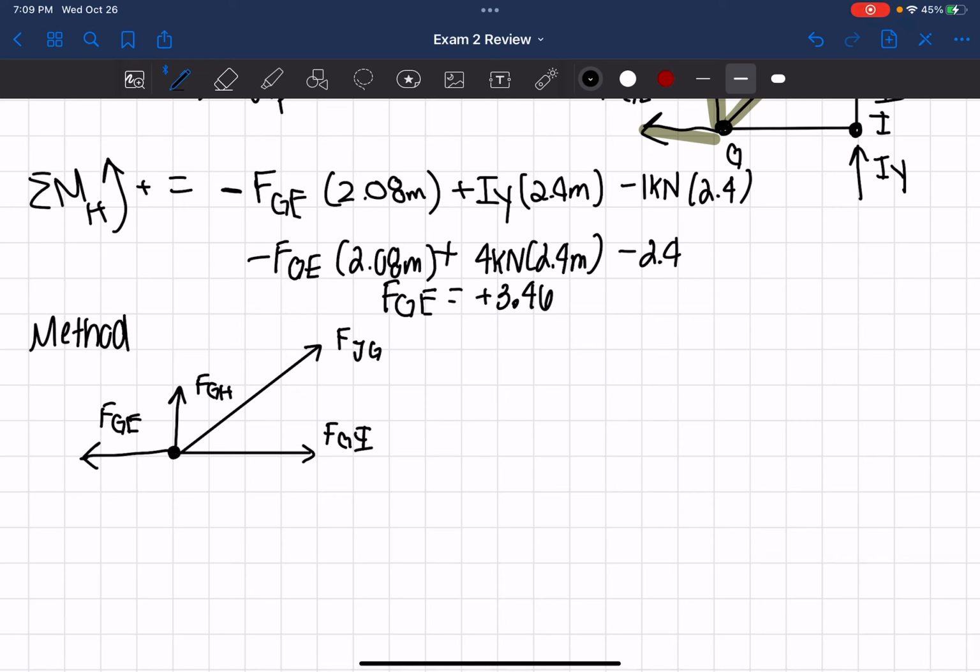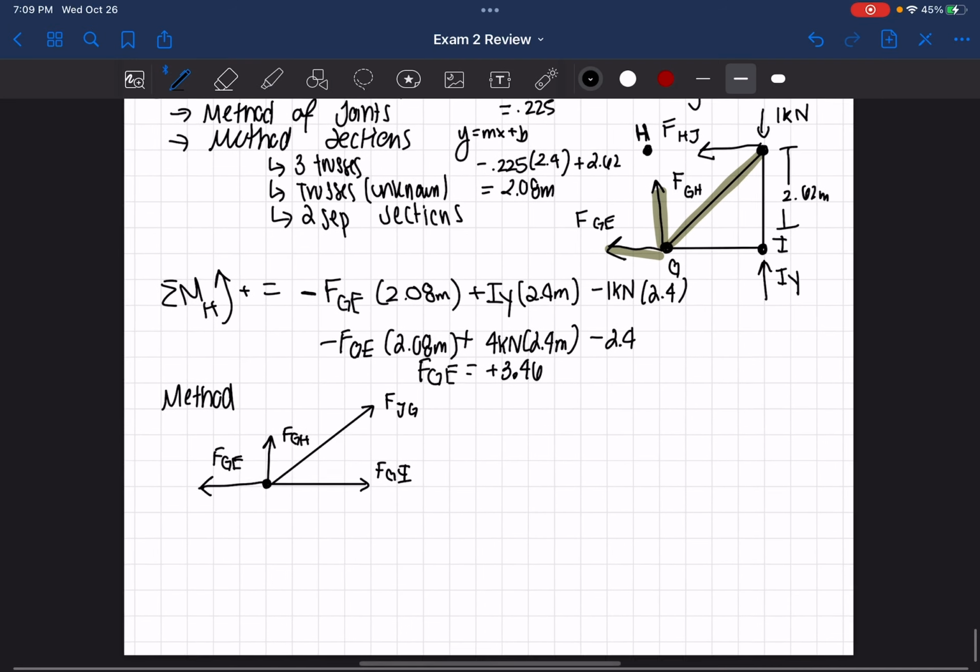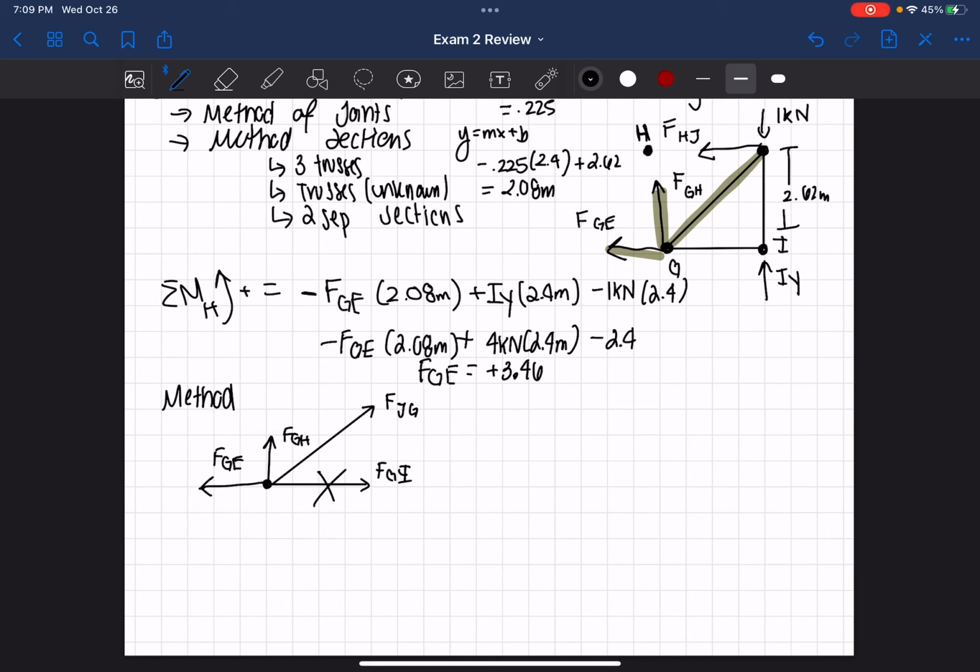So we know F of GE is 3.46 kilonewtons. Then we know that, okay. And this is where we're going to look at the second part of the question. This is a non-zero force member.